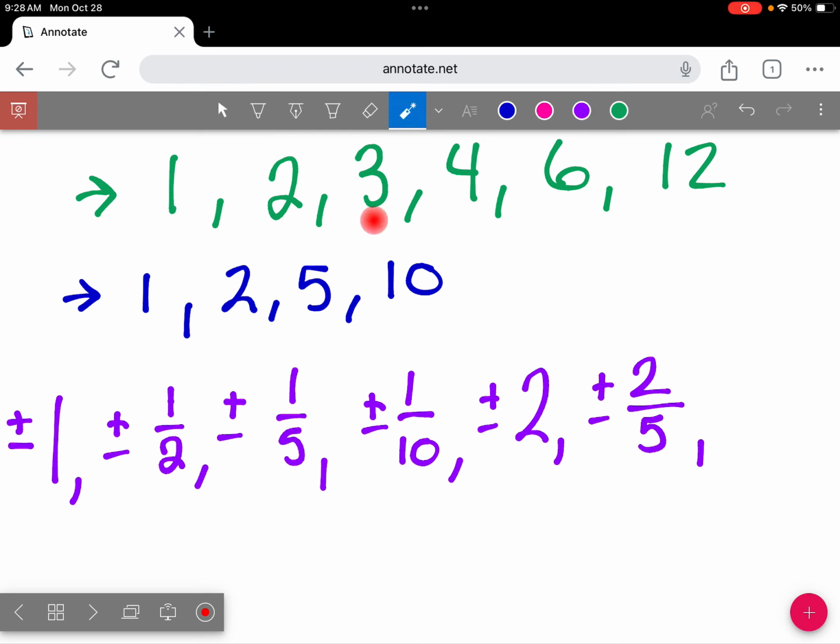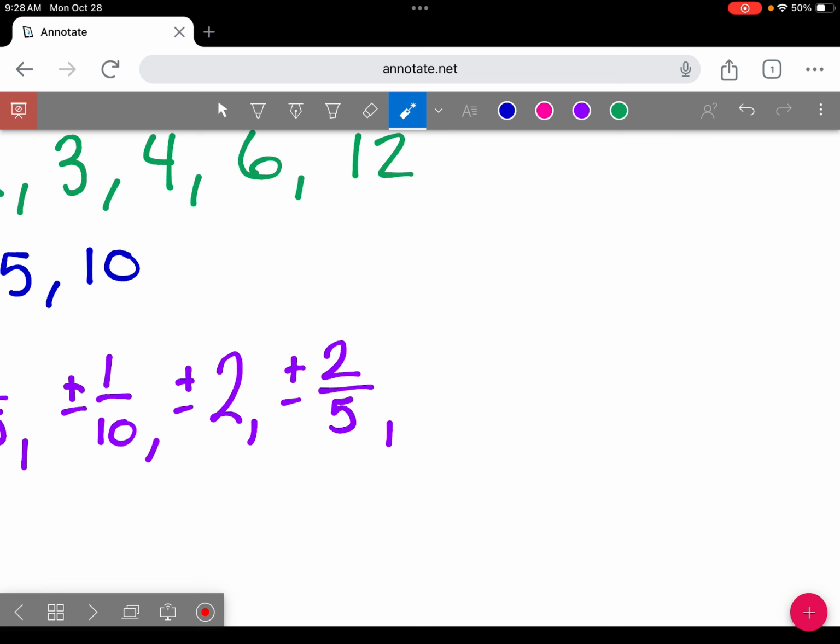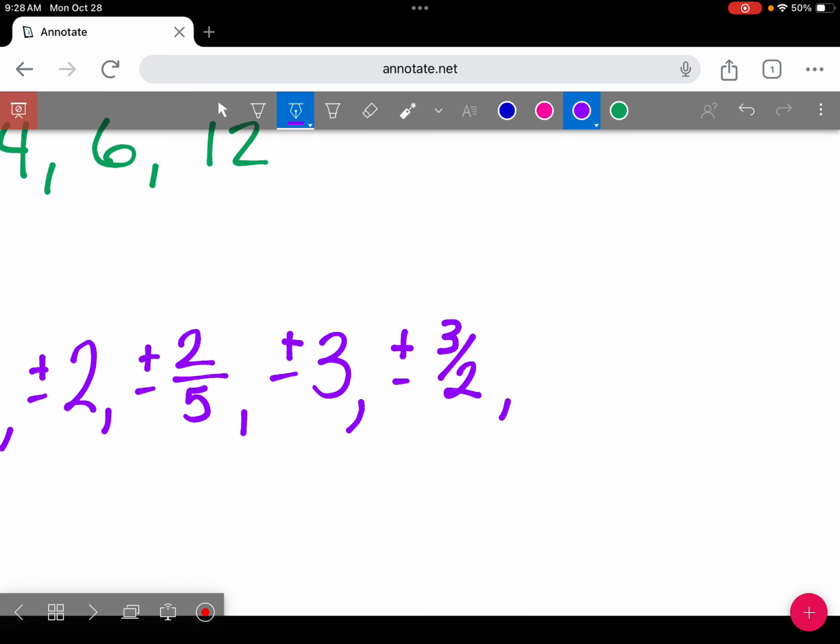So now we're going to look at this 3 as our numerator. So we're going to have our 3 over 1. We're going to have our plus or minus 3. We've got 3 over 2, which I don't have in my list yet. So we're going to have plus or minus 3/2. 3 over 5, don't have anything for that yet. So plus or minus 3/5.